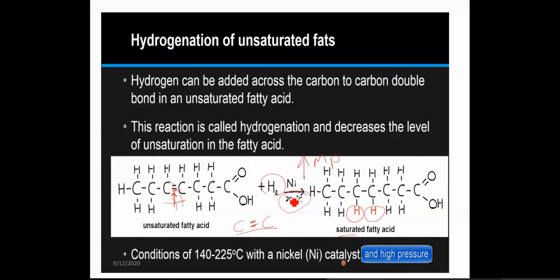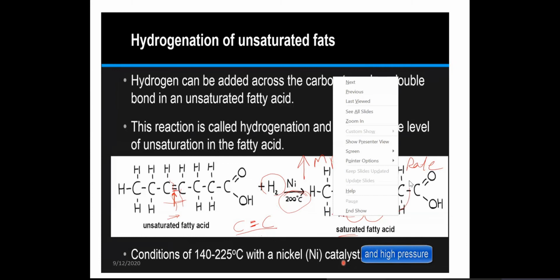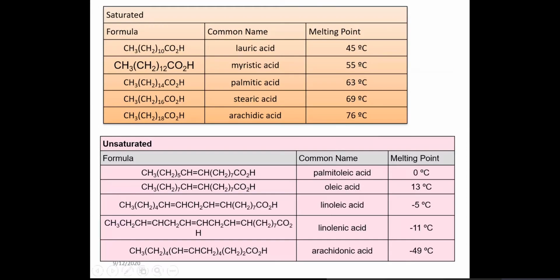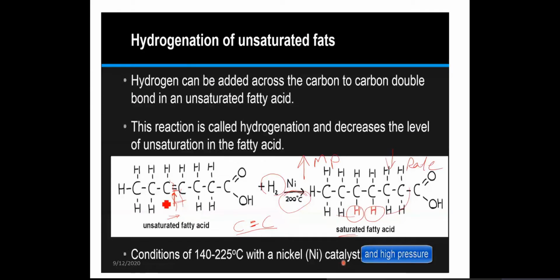Also, there is a decrease in the rate of oxidation. Now look at this: is this molecule highly unstable or prone to oxidation, or this molecule? Obviously, this molecule is very stable against oxidation compared to this molecule, which is highly unstable.